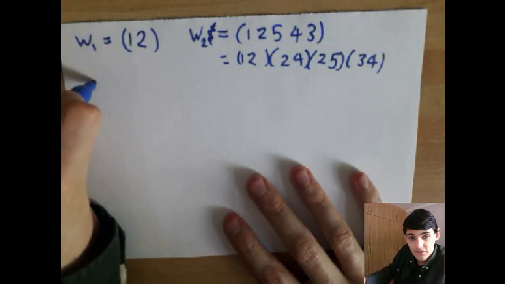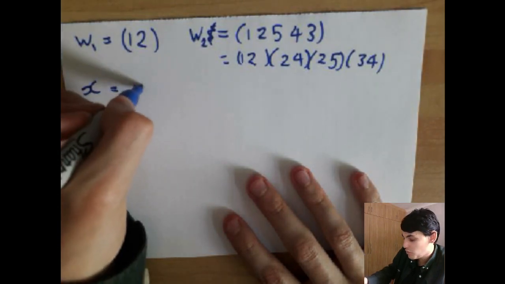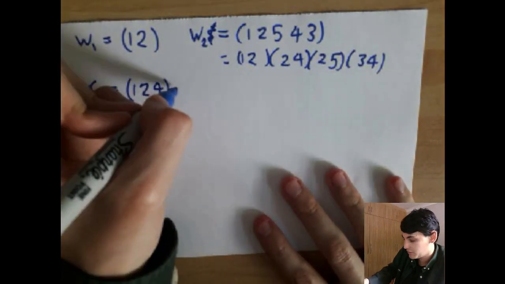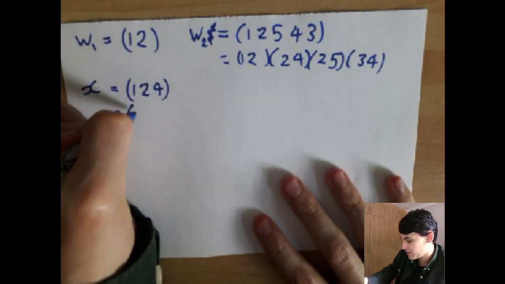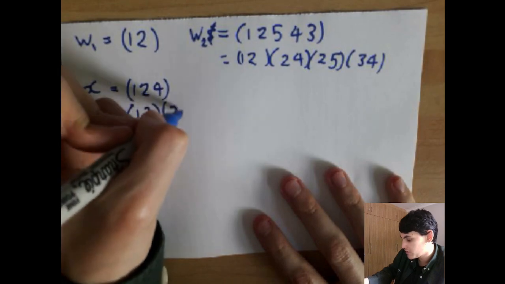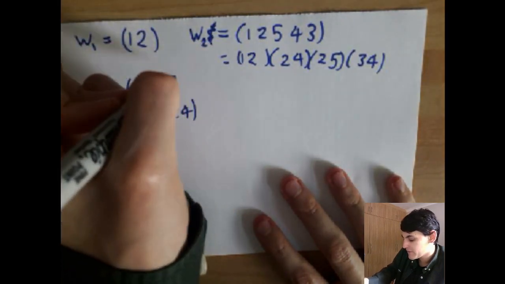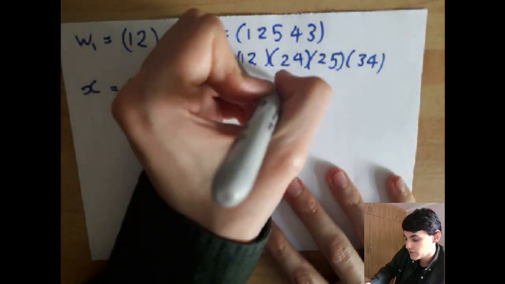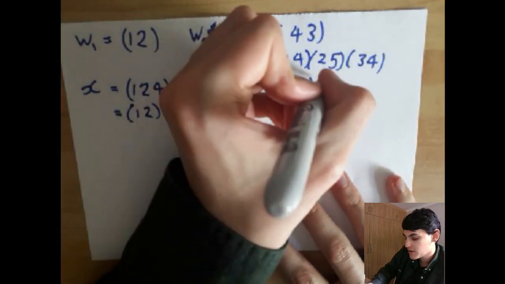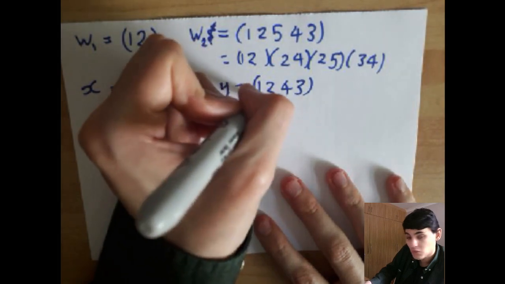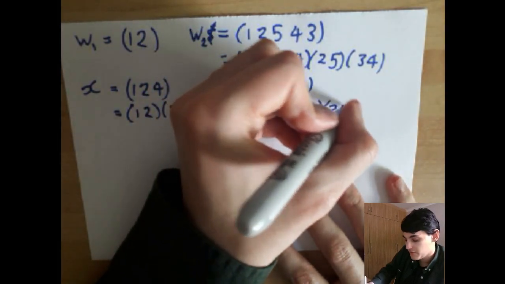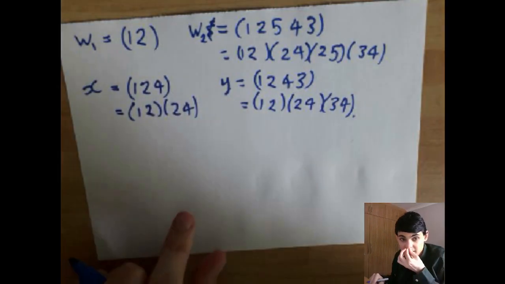We'll also take x equal to 1 2 4, which can be rewritten as 1 2, 2 4, and y equal to 1 2 4 3, which can be written as 1 2, 2 4, 3 4.